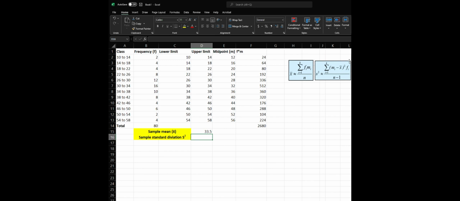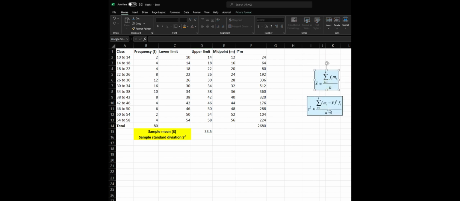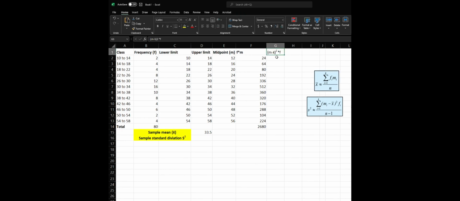Then now we want to apply this formula. What we want to do here is that we have to think of this practical solution, that we want to have a column corresponding to this part. So we want to establish this column. Since we already have the sample mean, we are good to go with this part.